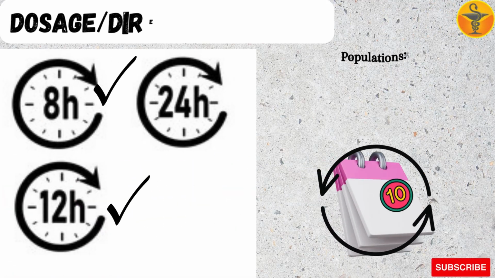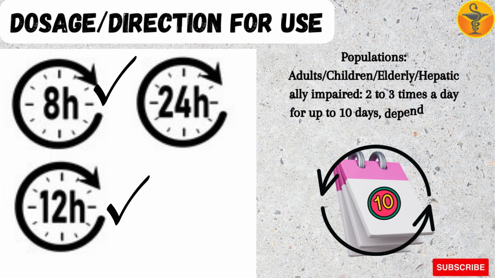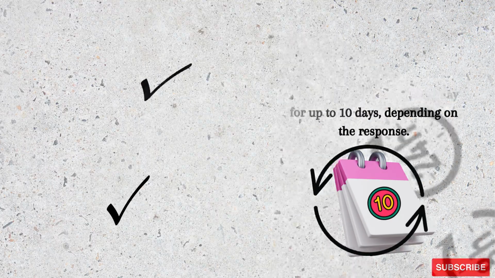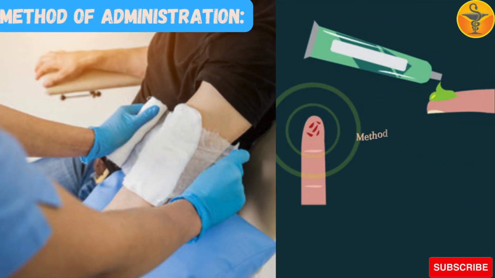Dosage, direction for use. Populations: adults, children, elderly, hepatically impaired. 2 to 3 times a day for up to 10 days, depending on the response. Renally impaired: consult doctor for precautions. Method of administration.